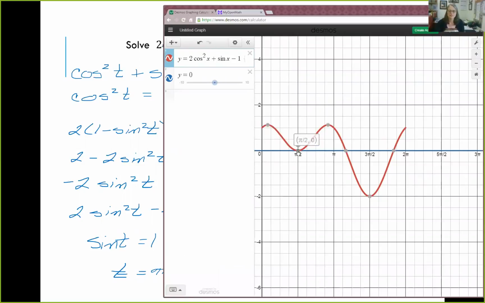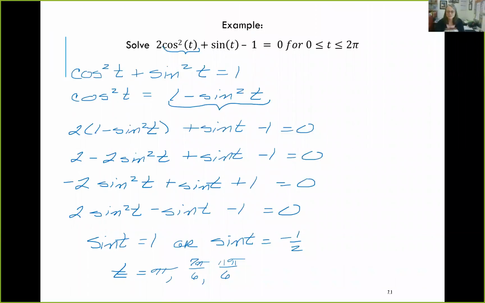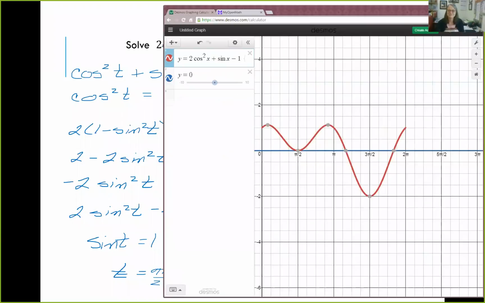And yes, we've got pi over 2, 7 pi over 6, and 11 pi over 6. All right.